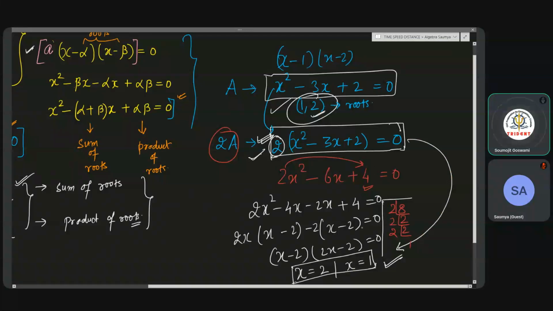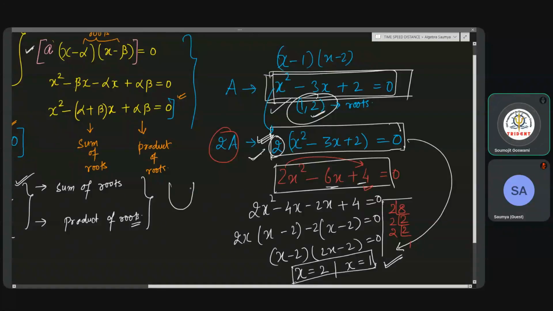But Soumya, you have to understand one thing. 2x squared minus 6x plus 4 and x squared minus 3x plus 2 are not exactly the same parabolas. These are two different parabolas. I hope this much makes sense. Maybe the shape will be the same.